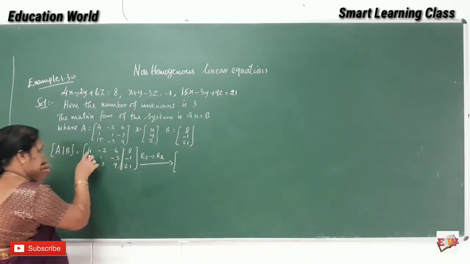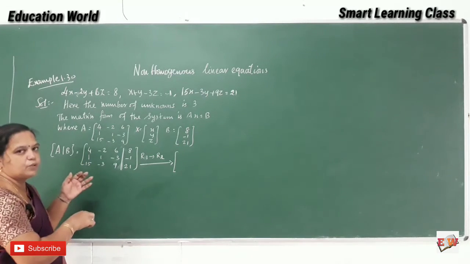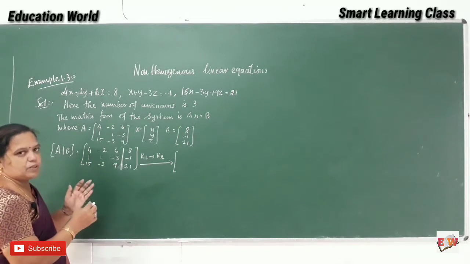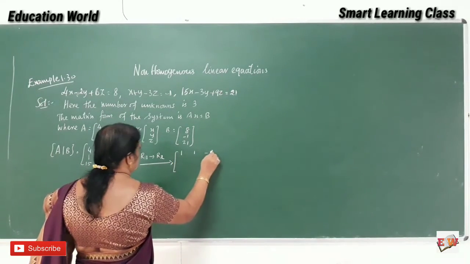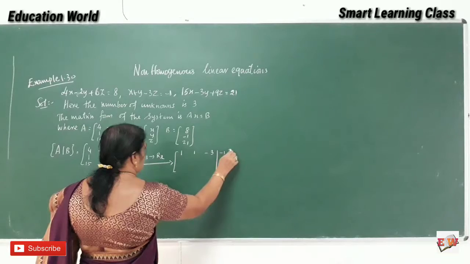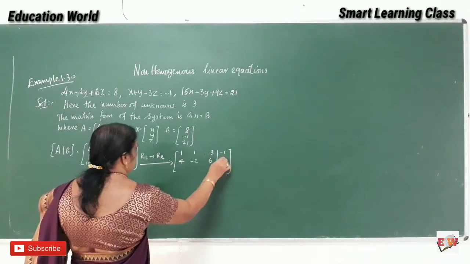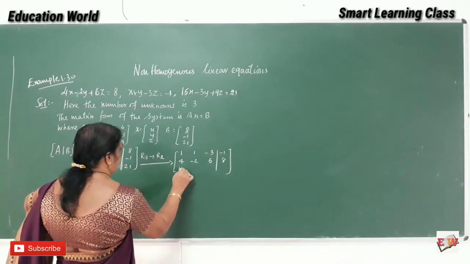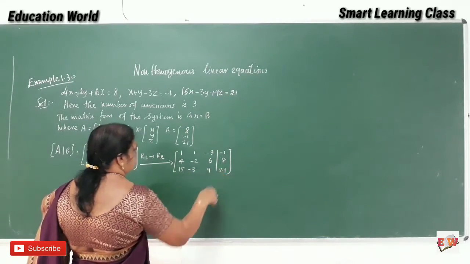Why? Because here a small number is there, so it is easy and convenient to do the transformation. So 1, 1, minus 3, minus 1; 4, minus 2, 6, 8; 15, minus 3, 9, 21.